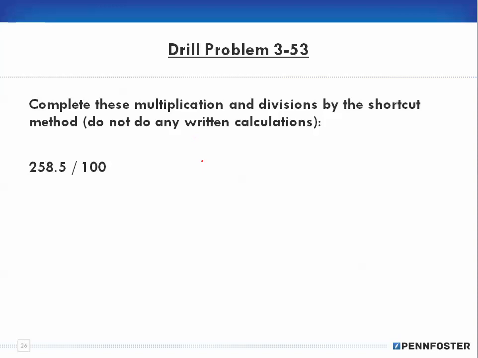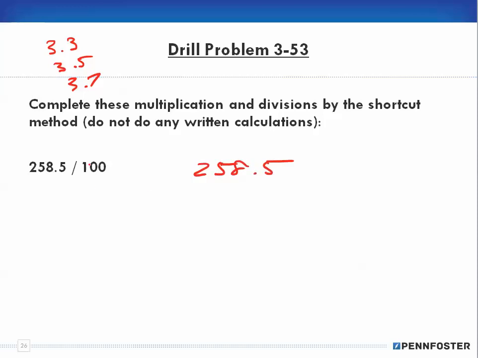I kind of explained this, but I'm just going to do it right now. Problems 3-3, 3-5, and 3-7 covered me doing the shortcut method. It's something I do automatically. So here we go.